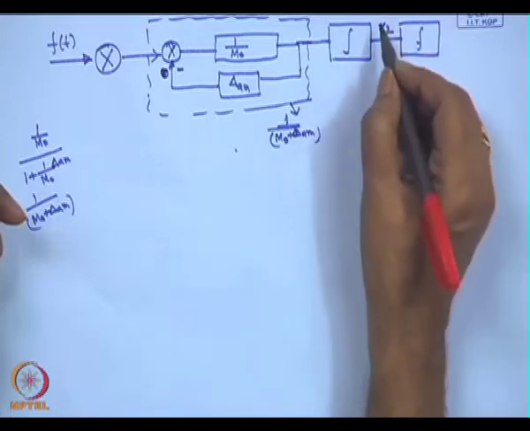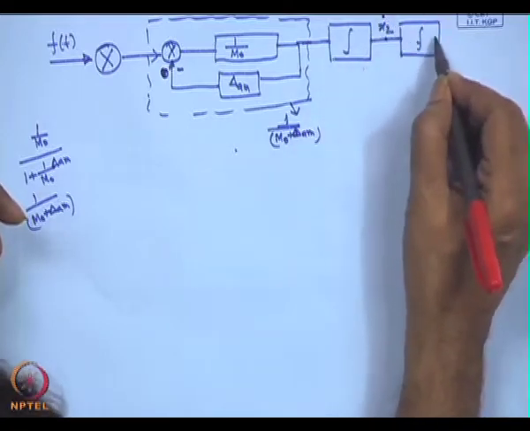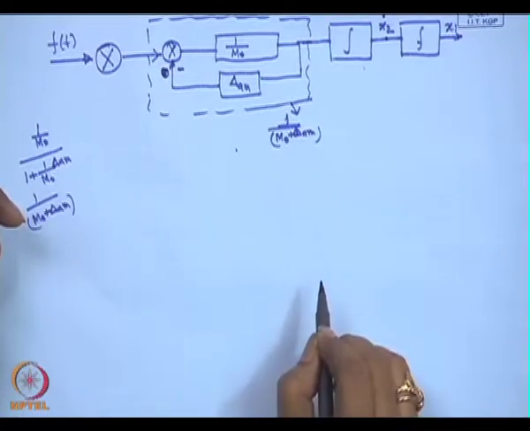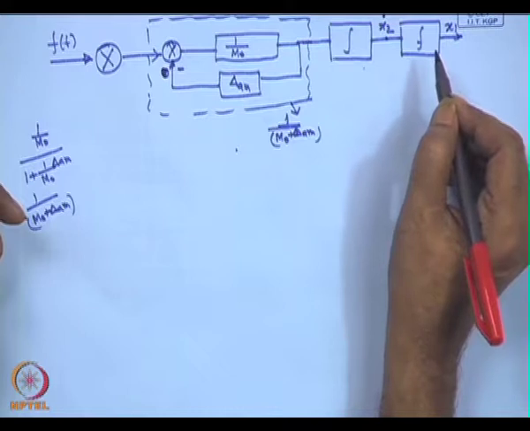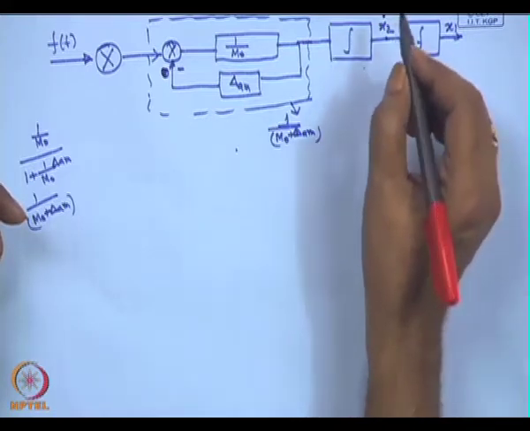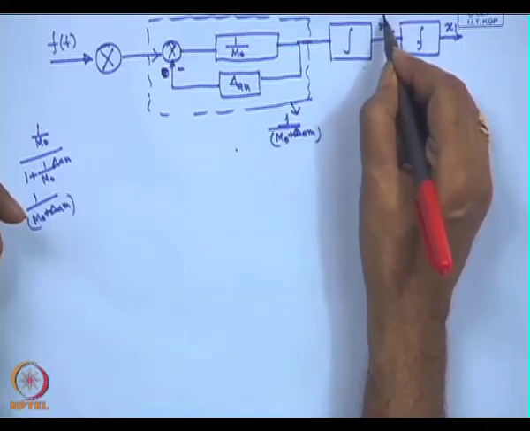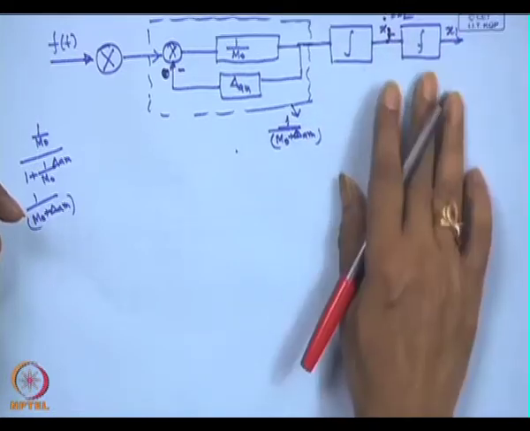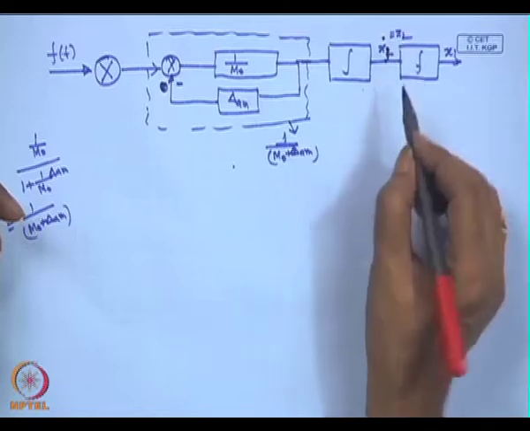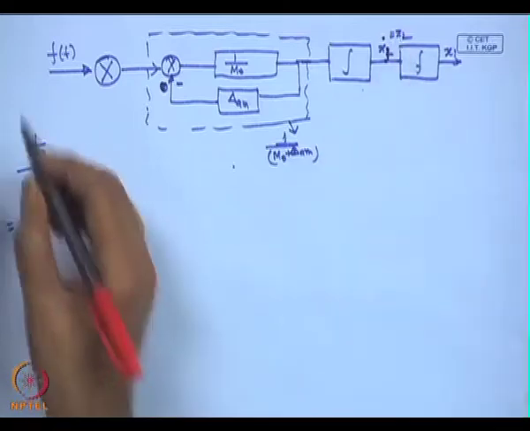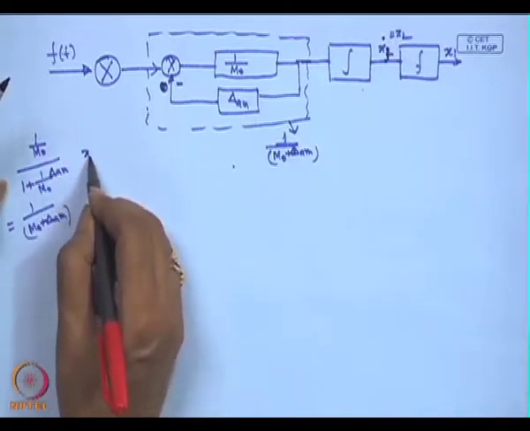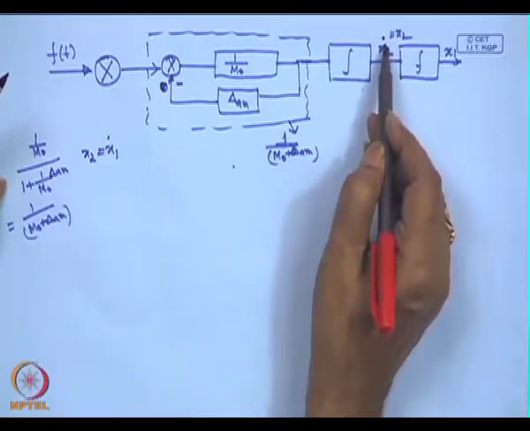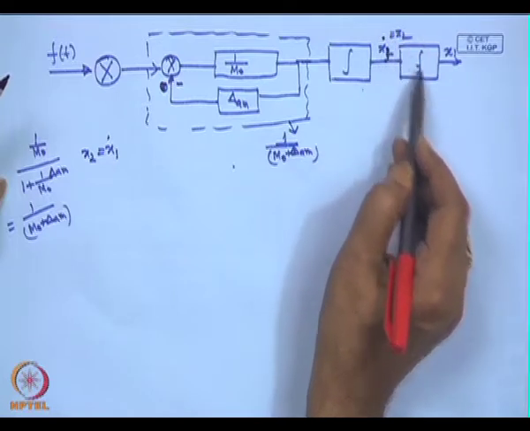That means x 2 dot, if you integrate it, you will get x 1. That is, x 1 dot is equal to x 2. If you recollect, our x 2 is x 1 dot, so x 1 dot is equal to x 2. If you integrate this, you will get x 1.